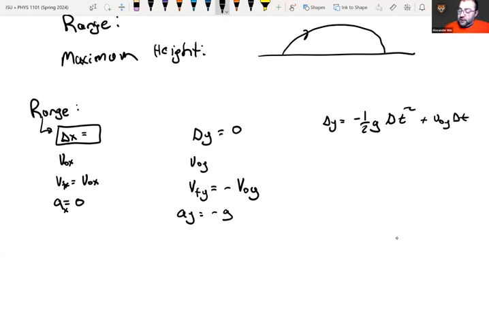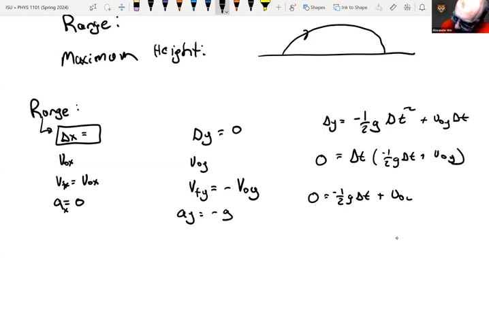Delta y was 0, so we have 0, and we can factor out delta t: delta t times negative 1 half g delta t plus v naught y. Now, one of the delta t's is 0. That's not the one we're interested in. That's the delta t at the very beginning. We're interested in the one that's not 0. So solving for that, we end up with 0 equals negative 1 half g delta t plus v naught y.